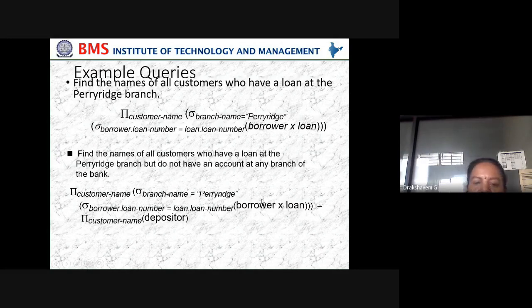First you check who has a loan number in this part. That's what we did in the last query. Minus those who have an account. So these are people who have both loan and account. From that you subtract the account holders. Then we'll get the people who have only a loan. So this is how you can write it.